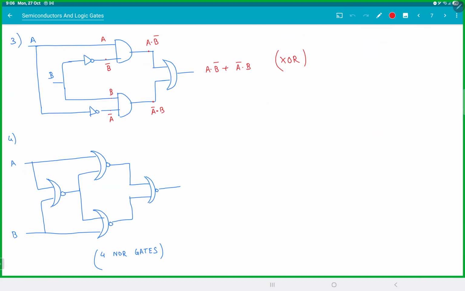What about the fourth one? Try the fourth one. Right, Devansh. Fourth one, be careful.